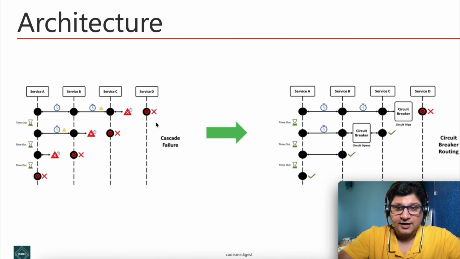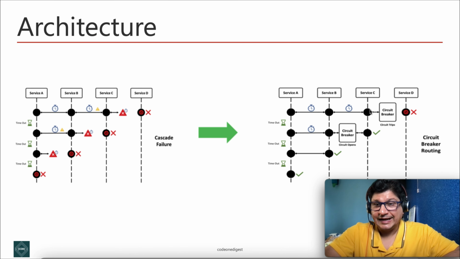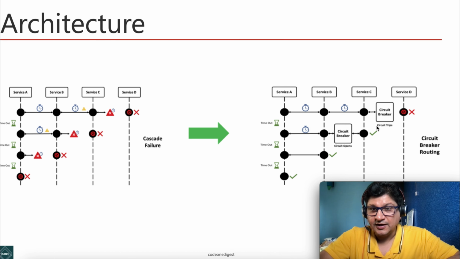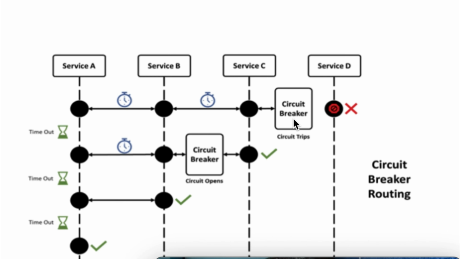To prevent this, we introduce a circuit breaker in between the services. If you see on the right hand side, we have circuit breaker, and if circuit breaker detects that any of the services is not responding, then it triggers the circuit breaker pattern, goes into open state and prevents any call going to service D, and it responds back to service C with a fallback method. Now the fallback method can respond back to service C with the appropriate message saying that service D is not available.